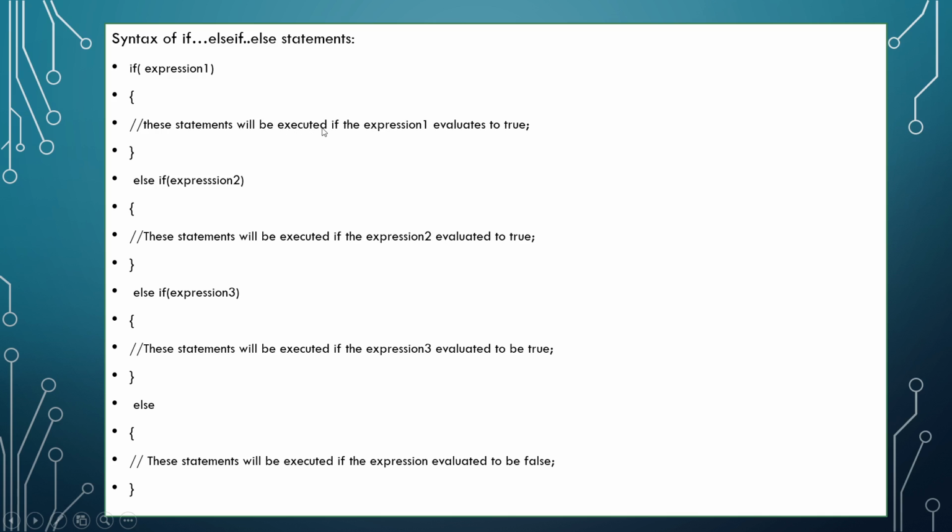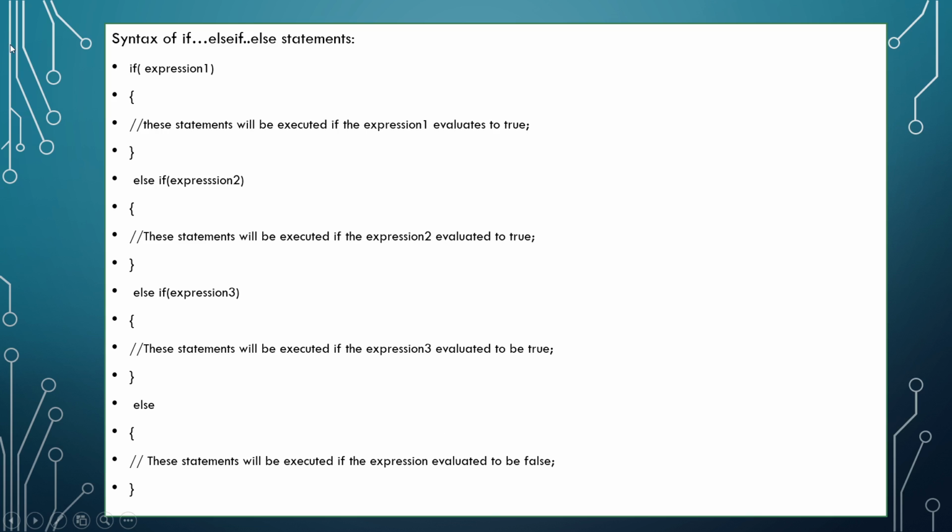This code will be executed if the expression evaluates to true. And then we have else if expression 2. This statement will be executed if expression 2 evaluates to true. And then we have else if expression 3. This statement will be executed if expression 3 evaluates to true. Otherwise, it goes to the else block. This statement will be executed if the expressions evaluate to false.